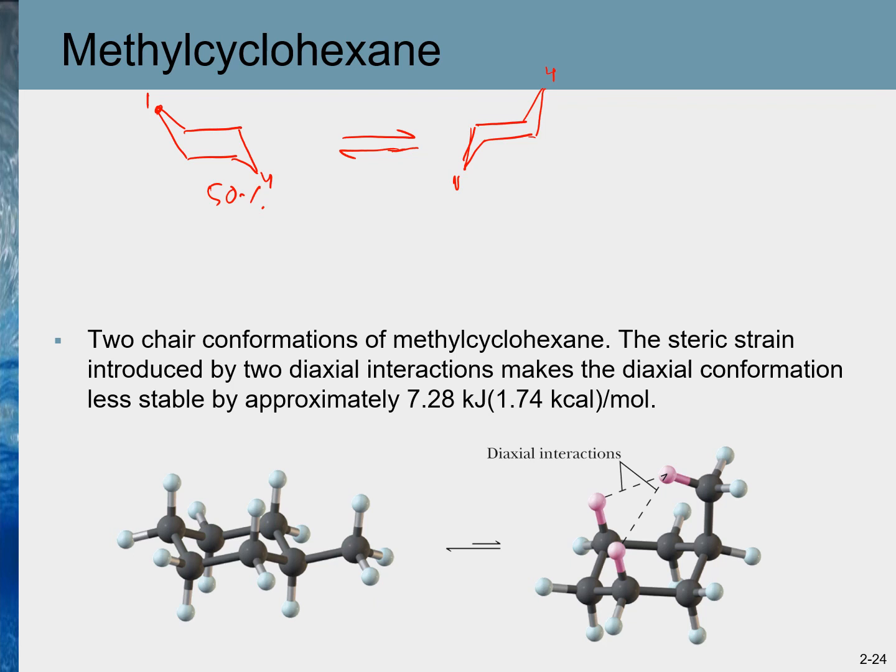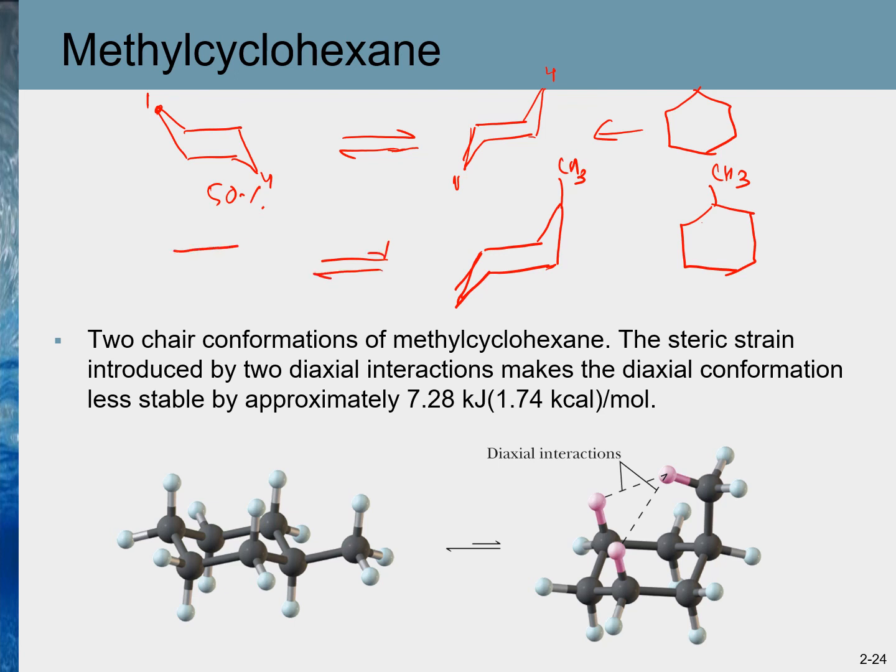For example, instead of regular cyclohexane, so this is the regular cyclohexane, if we have a methyl cyclohexane, in that case we have again two possibilities. One possibility is this, and the other possibility is this.